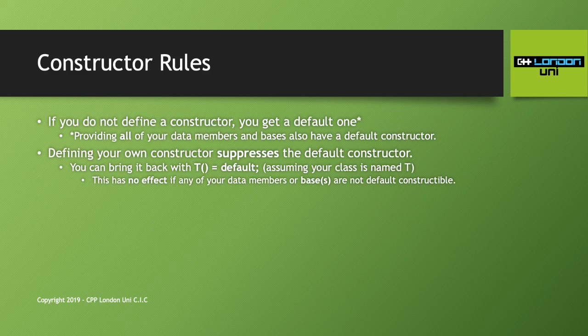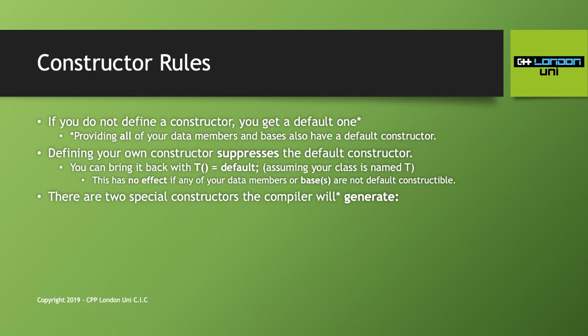I think recent versions of GCC may have got a bit more helpful and said to you, by the way, you wrote this, but unfortunately, I can't do anything with it. I know for a fact in older versions, it wouldn't tell you, it wouldn't help you out. You'd just be sitting there like, well, I told it it's default, but in fact it couldn't because, you know, a data member or a base class was preventing it from actually generating it.